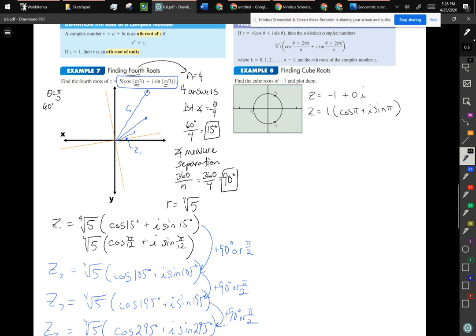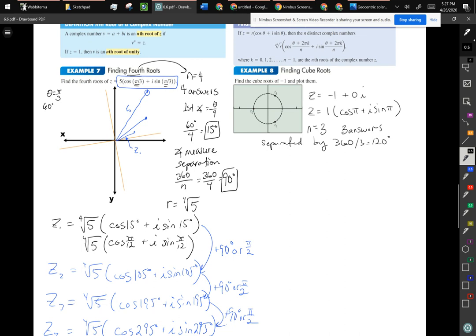So how do you get the roots of unity? Well, we know that n is 3 because we know that there are 3 distinct solutions. We know then there are 3 answers. Because of 3 answers, they must be separated by 360 divided by 3, so it must be separated by 120 degrees.